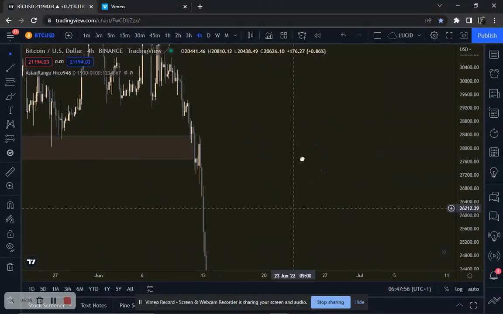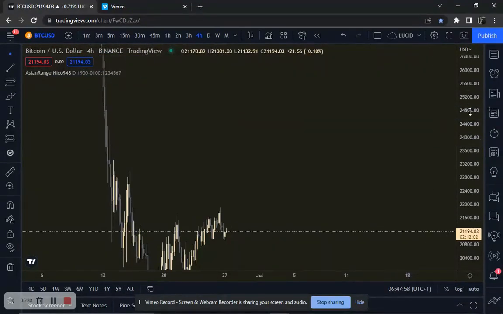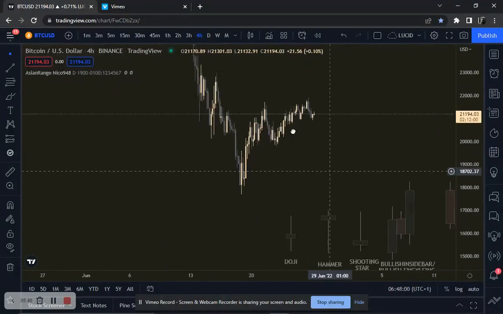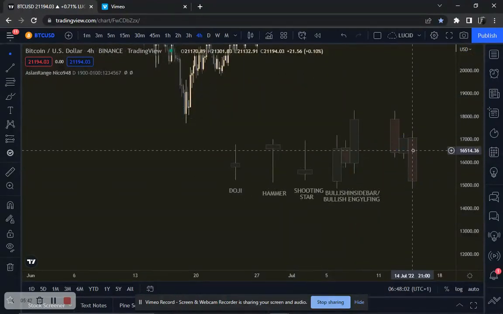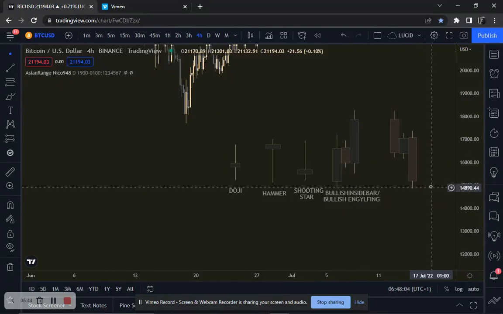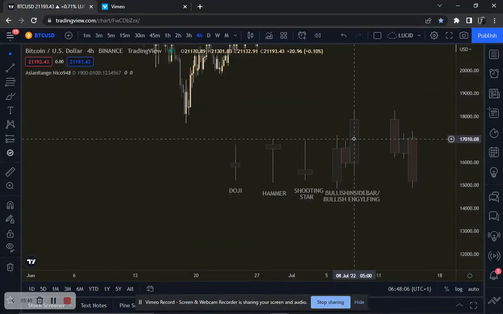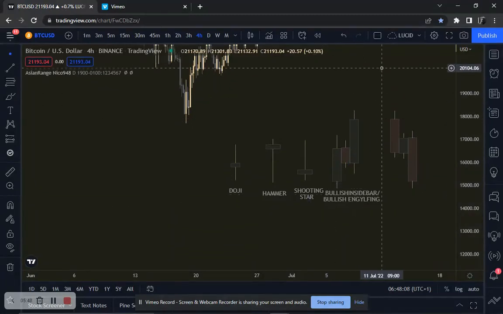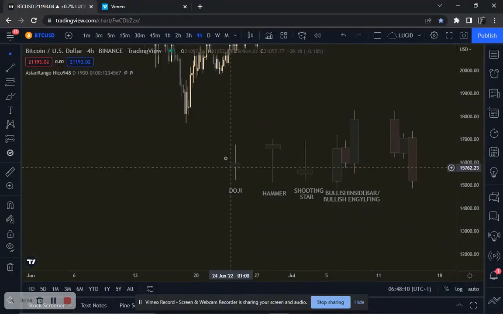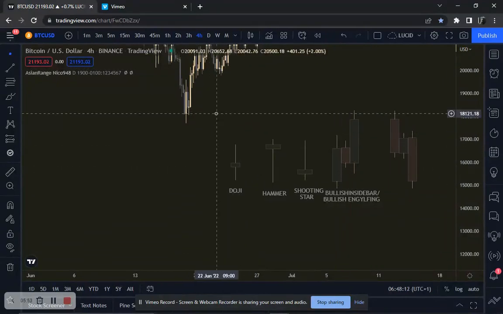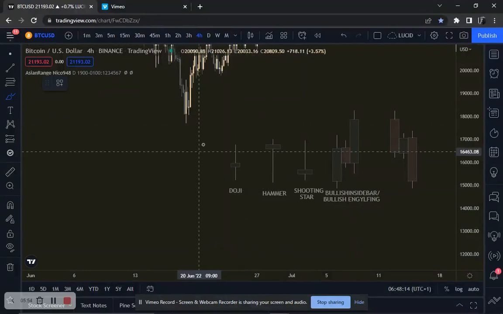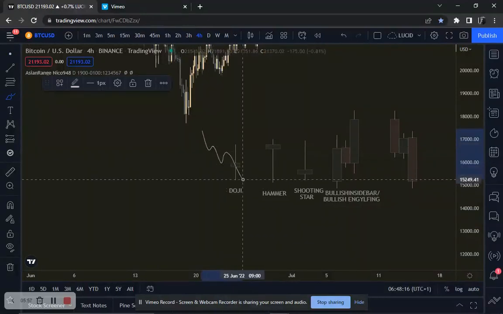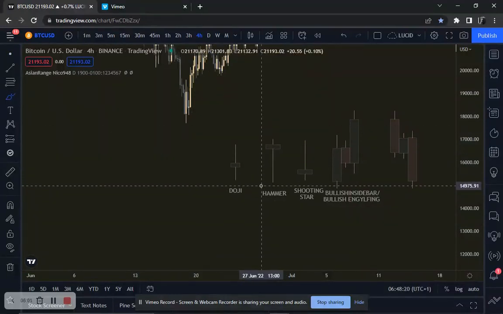right? So let's take a look at this bearish engulfing. We expect price to drop lower. Bullish engulfing, we expect price to continue higher. Doji, we expect a reversal from a downtrend to an uptrend, and same thing with the hammer.